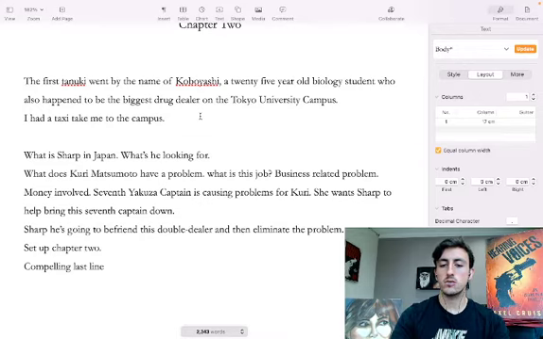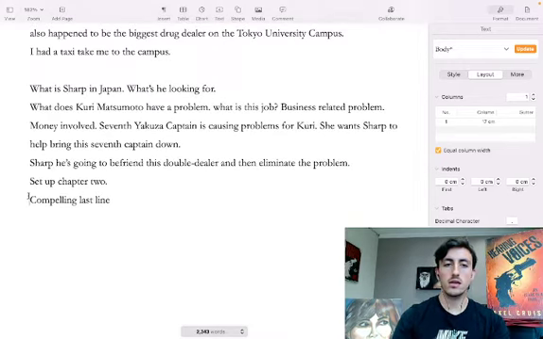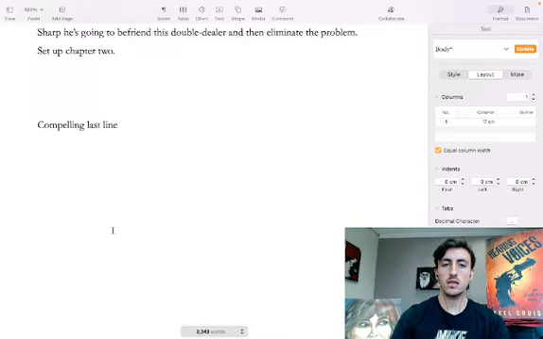He's got to meet the guy, right? So maybe the compelling last line is him finally meeting the footman who he's going to befriend.